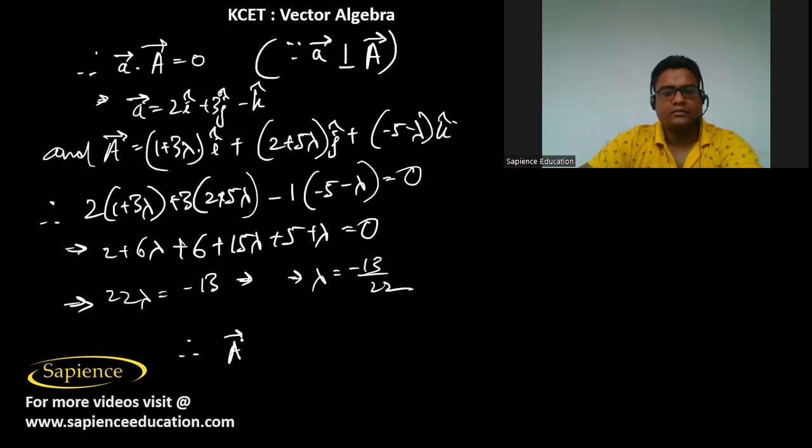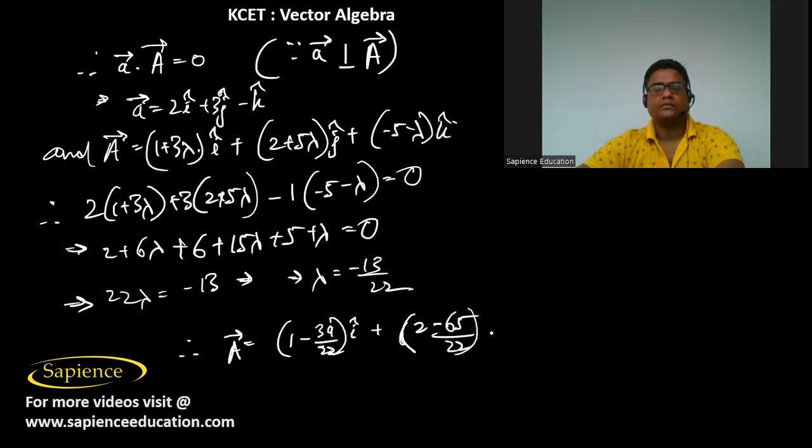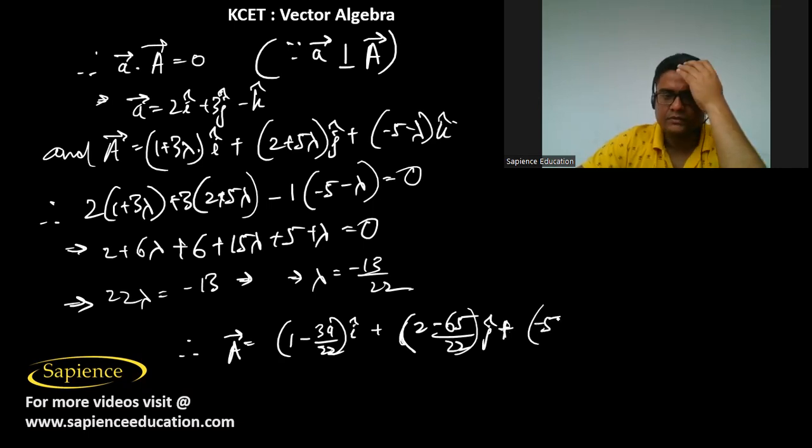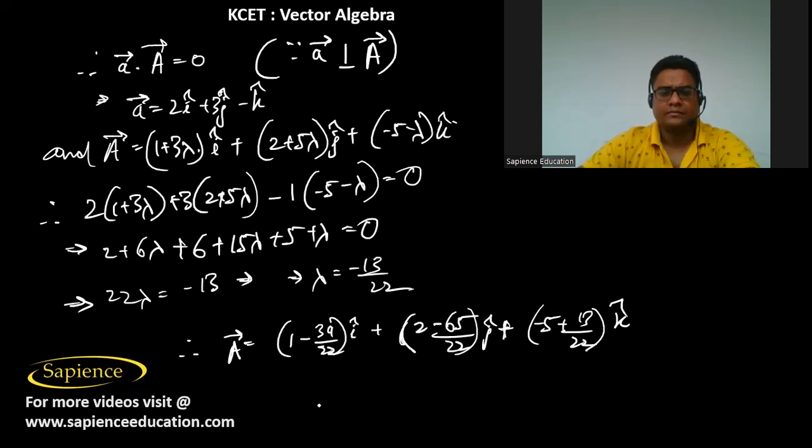Therefore, A' vector will be equal to 1 minus 39 by 22 I cap plus 2 minus 65 by 22 j cap, then plus minus 5 plus 13 by 22 k cap.